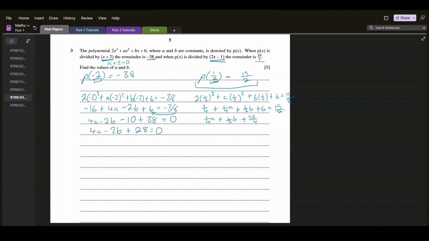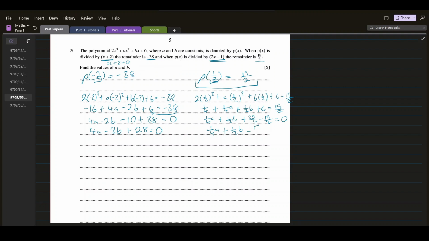25 over 4. Move the 19 over 2 to the left-hand side. So that's minus 19 over 2 is equal to 0. So that's a quarter a plus 1 over 2b plus 25 over 4 minus 19 over 2, which is negative 13 over 4.